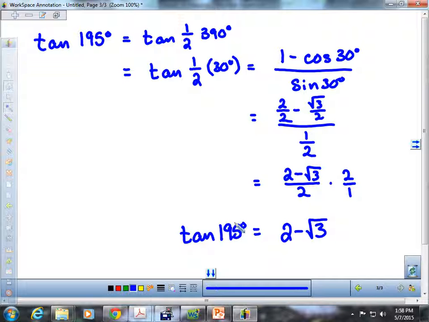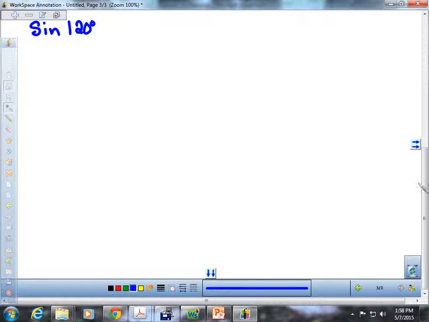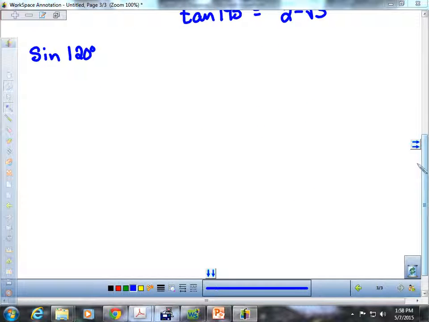Let me give you a sine example. I want you to find the exact value of the sine of 120 degrees using a half angle identity.